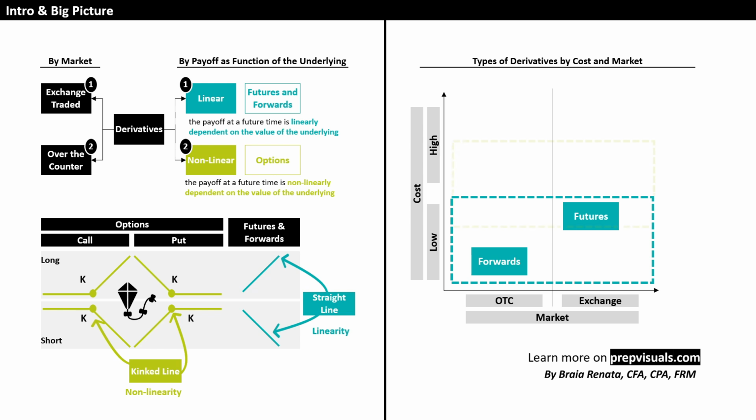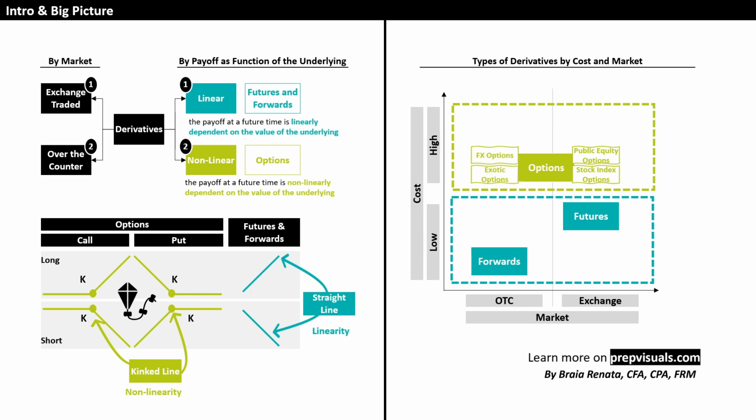In the high-cost quadrant, we have options, which can be either exchange-traded or over-the-counter. For example, public equity options or stock index options are generally exchange-traded, while forex or exotic options are over-the-counter instruments.